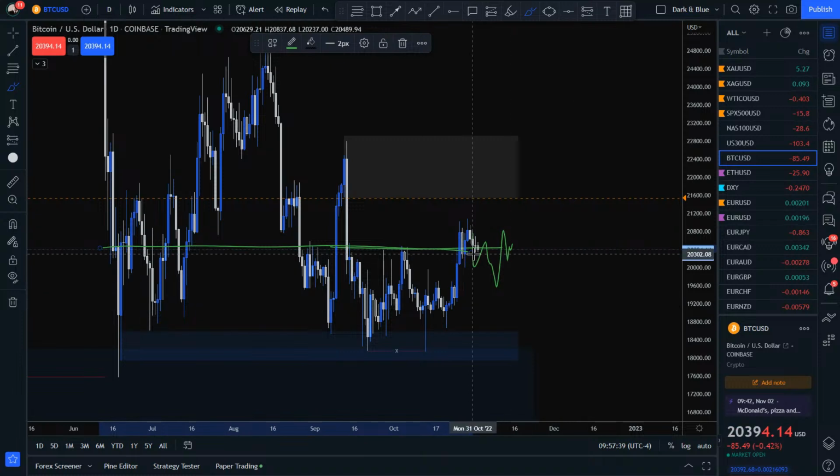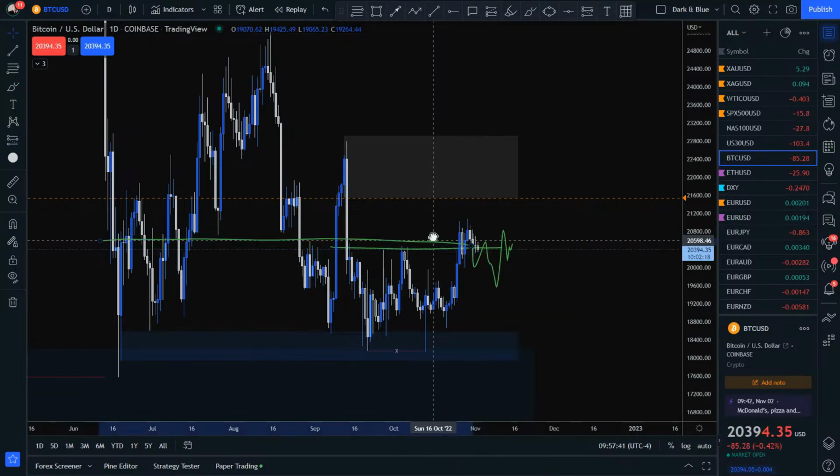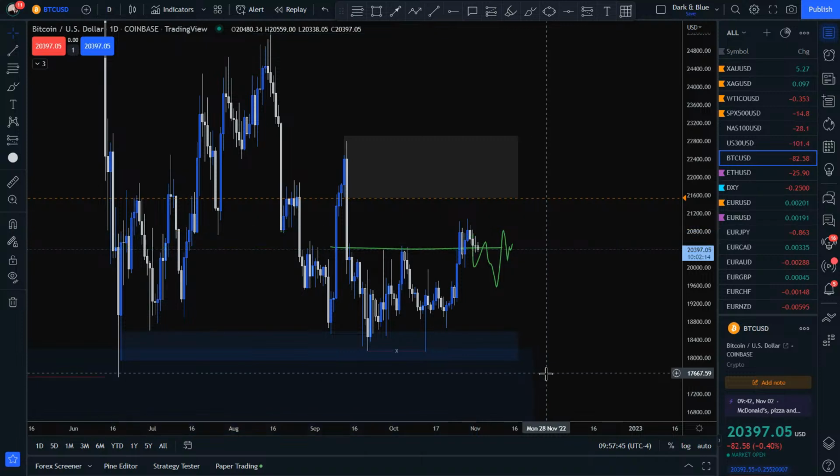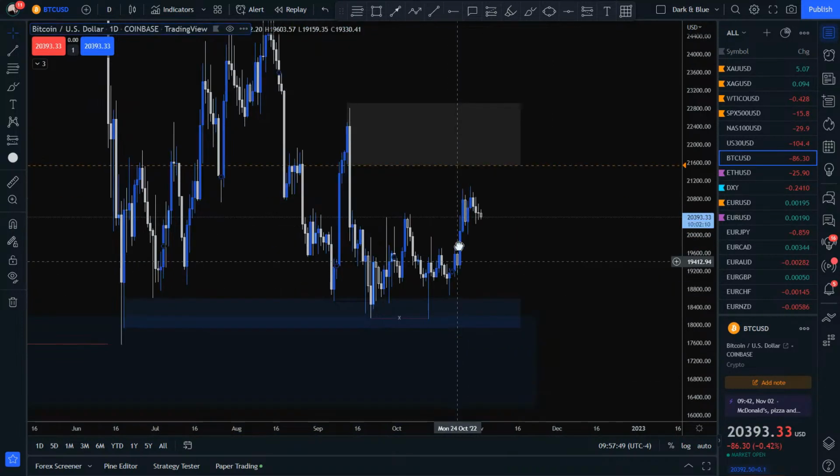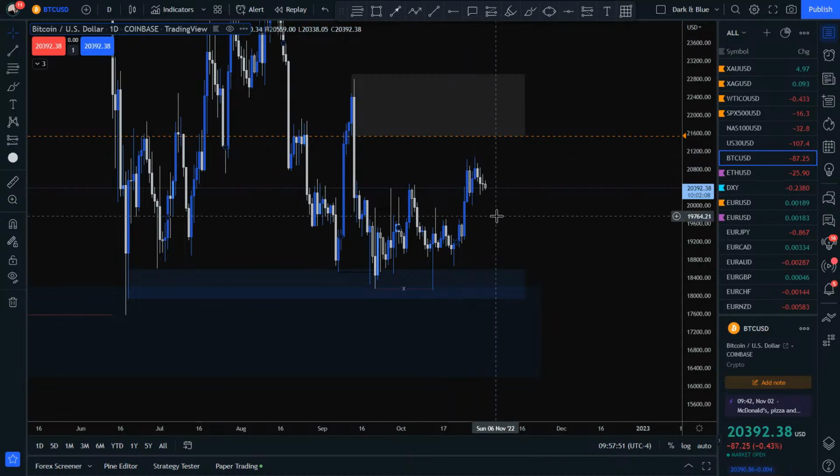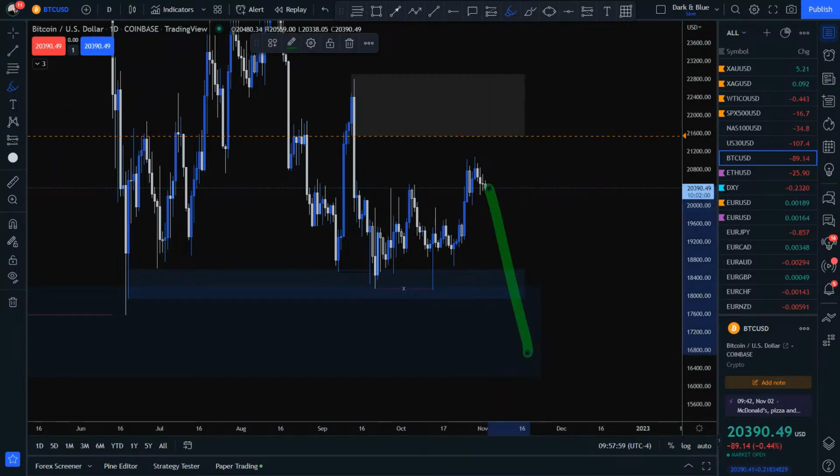This little zone here. There's no reason to get too extra happy because of this bullish impulse here. And with FOMC coming and a potential 75 basis point hike, this is coming down. So you might want to prepare.